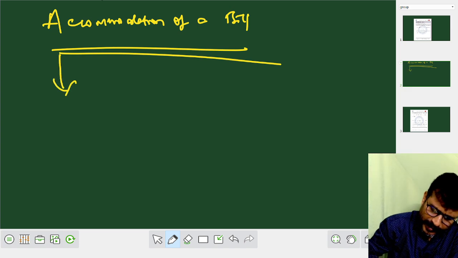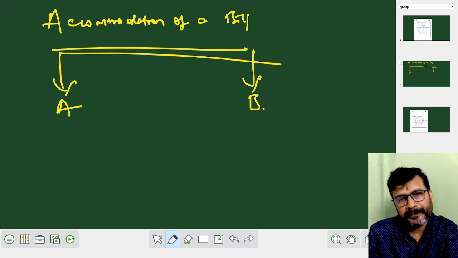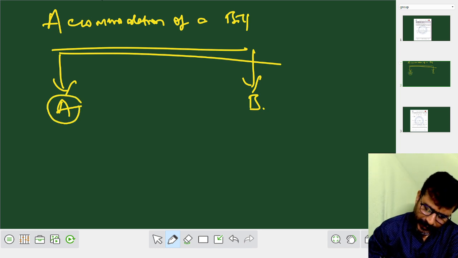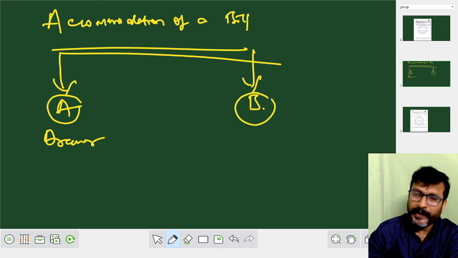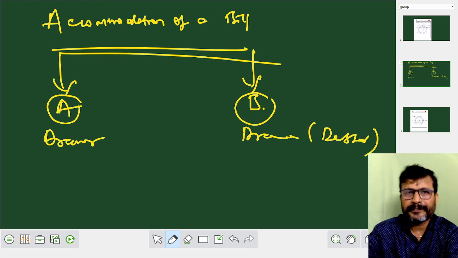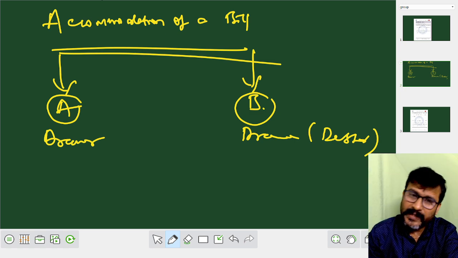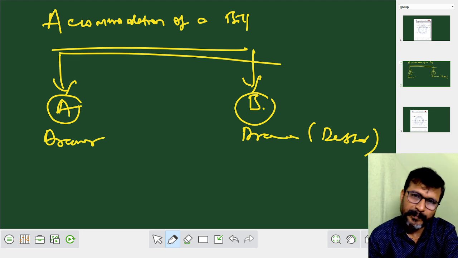We have two persons called A and B. In the beginning, A is a drawer, and B is a drawee, B is a debtor. It means B has to pay some money to A. For this, A draws the bill.